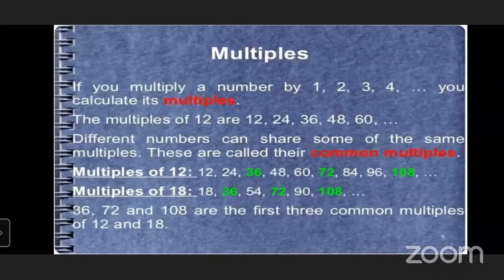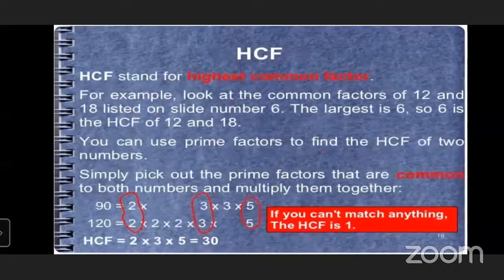There are so many common multiples if you expand the table, but we have to check the first three. So 36, 72, and 108 are the first three common multiples of 12 and 18. Now, HCF.